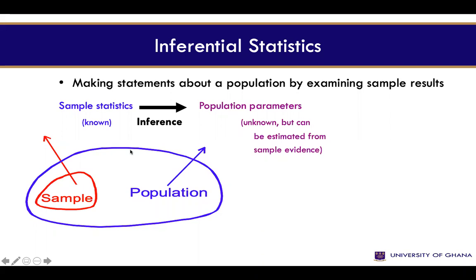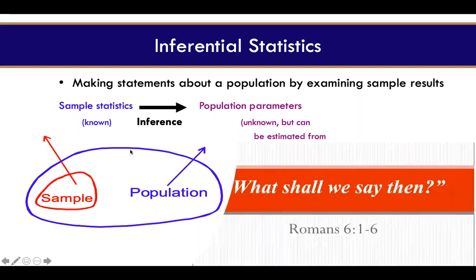And in the Bible, Paul really does this very well. He lists a lot of things, he talks and talks and talks, and then he comes back to say, okay, what shall we say then? So he intends to make a conclusion as to all that he has stated, based on the analysis that he has made.